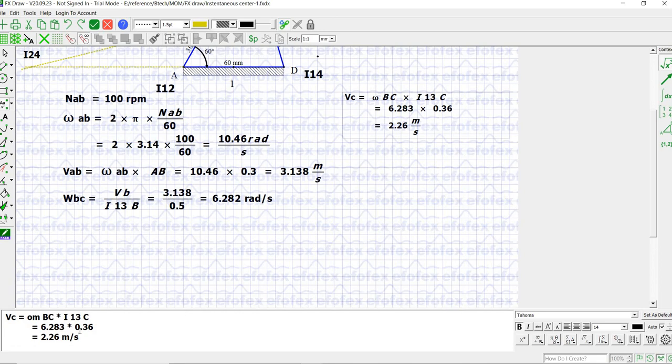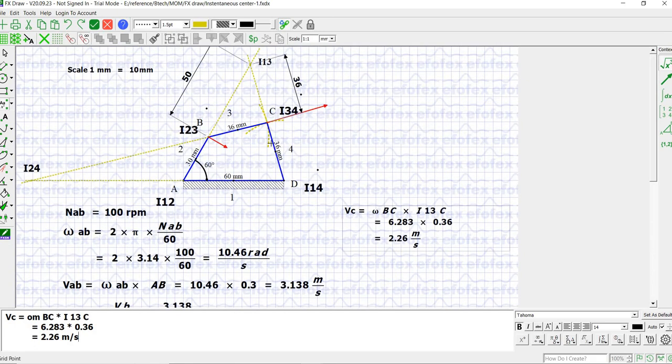Now we can find out the angular velocity of the rocker. The rocker is this link DC. Omega CD is equal to VC divided by DC.